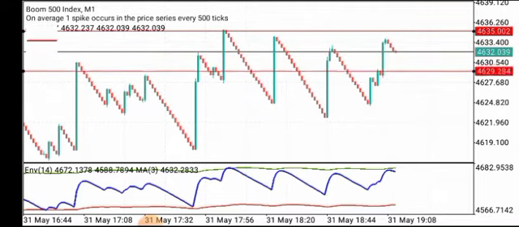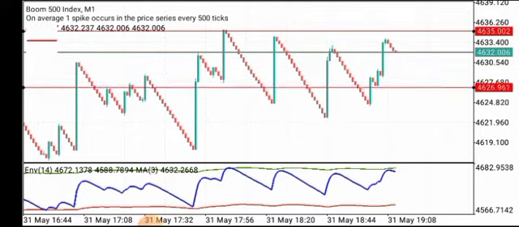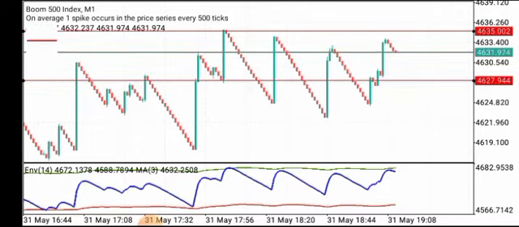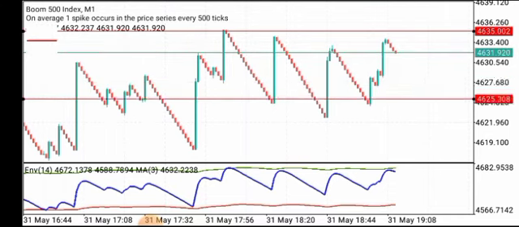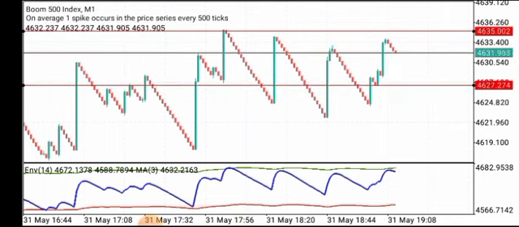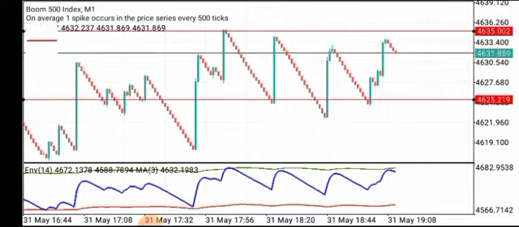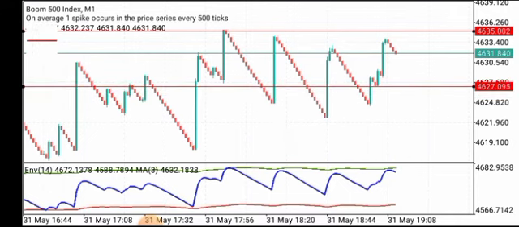So we are expecting to catch a spike around this position here. We just wait for the market to get down here, so that we will have a spike, and after the spike we'll enter our trade.